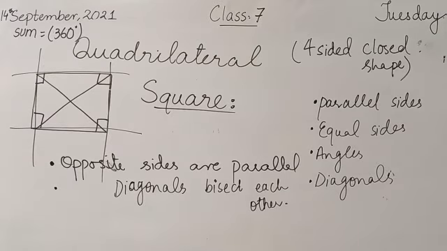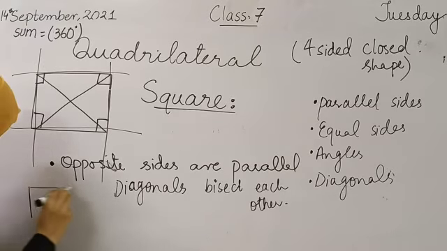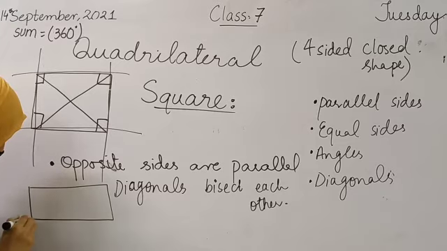Okay, in this way you will observe the shape and write the properties accordingly. For example, if I draw a rectangle, now observe the properties and find out the difference between square and rectangle. Spot out the differences.